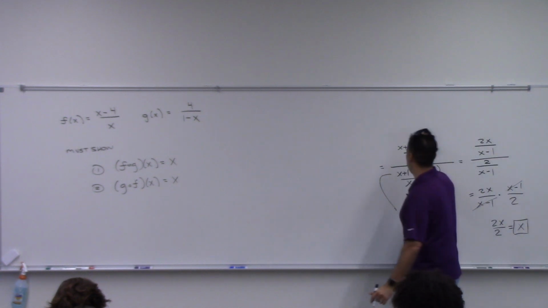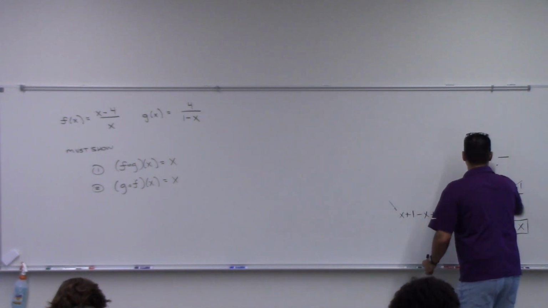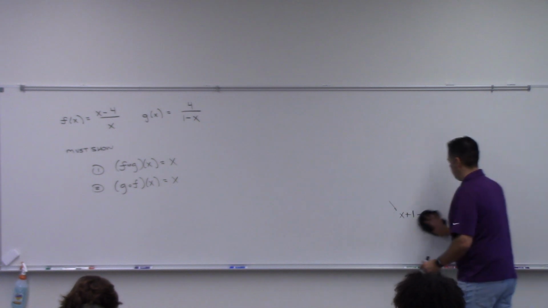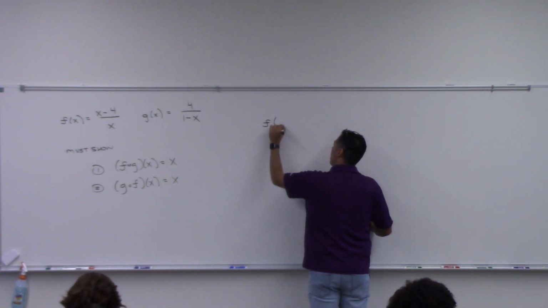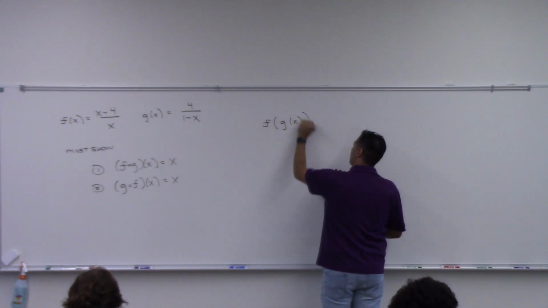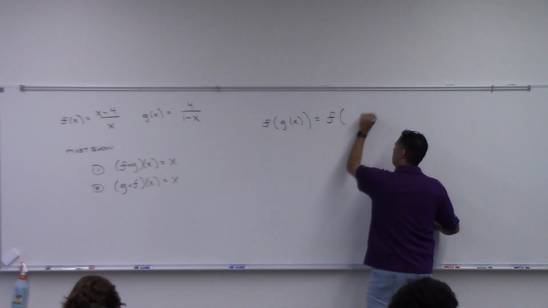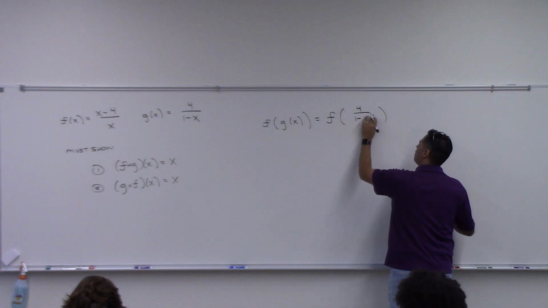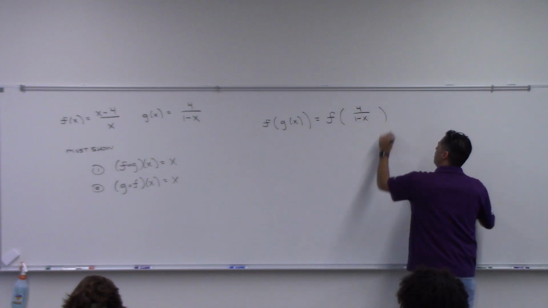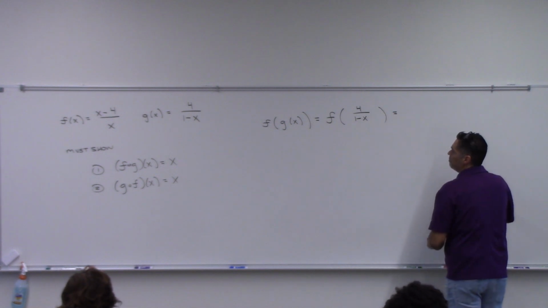So let me do the first one. Let's do f of g of x. So f of g of x means f with g inside. That means f, what's g? 4 over 1 minus x, right? Now take that and plug that into f.